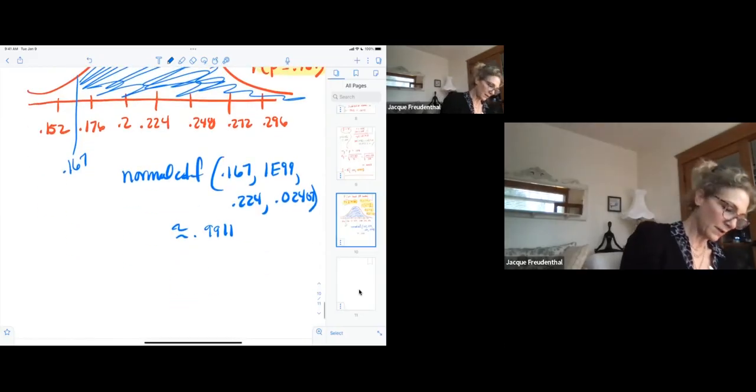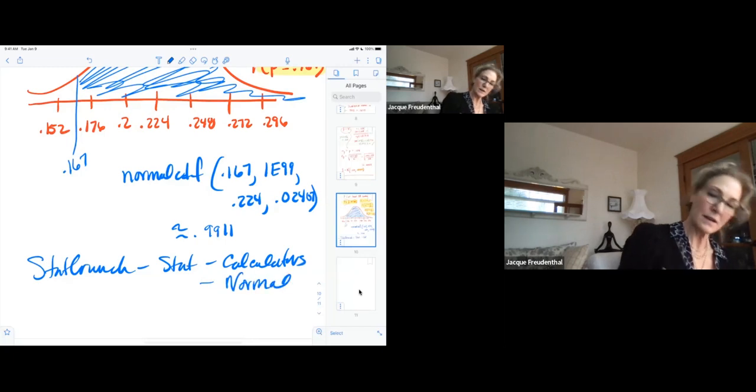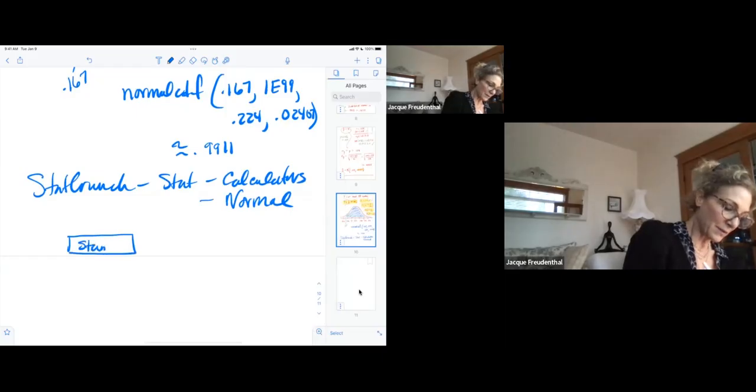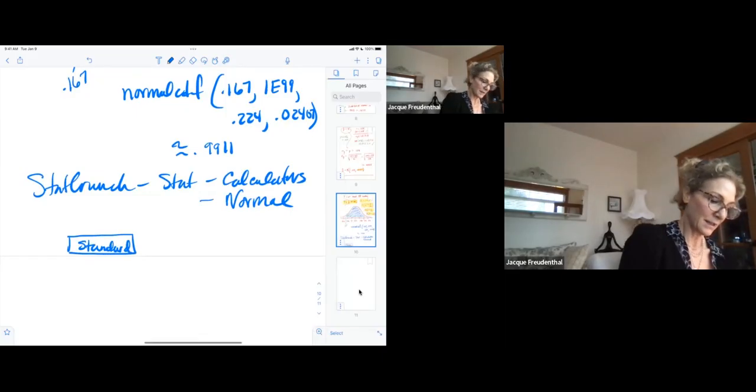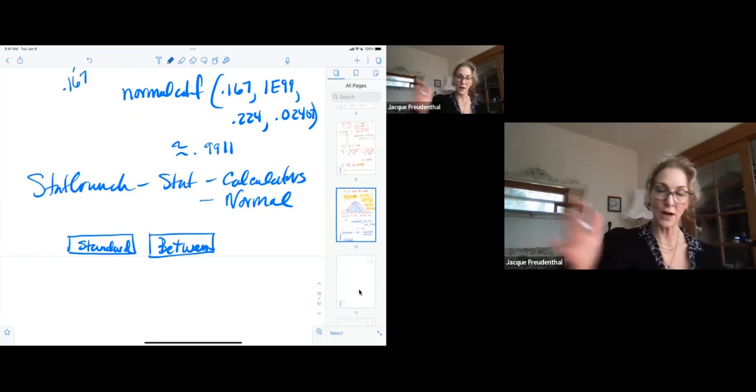And then, of course, if you go into StatCrunch, you go to Stat, you go to Calculators, and you choose Normal. And then you will have the standard one. So you're going to choose standard, not between, because you're not looking at between two values. You're looking at the standard, which is we're just looking at greater than.